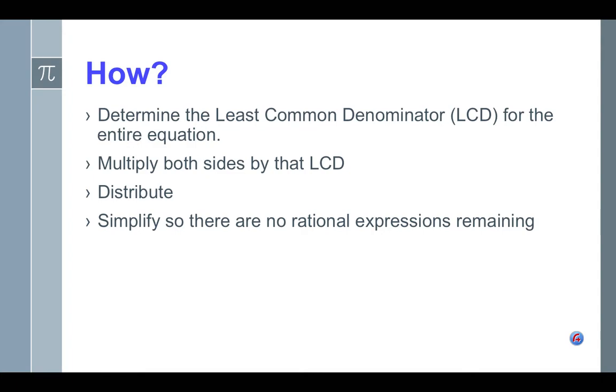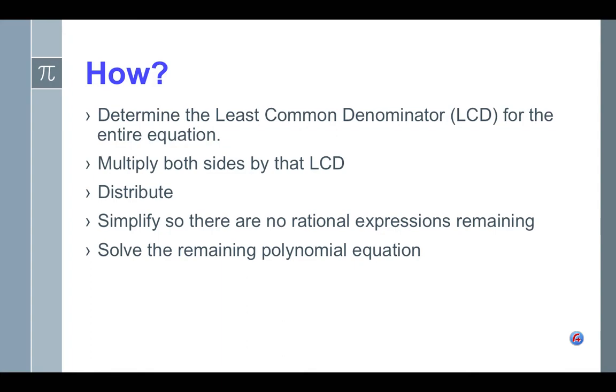Once you distribute, you'll be able to simplify your entire equation so that there are no rational expressions remaining. The point of this is that now that you've gotten rid of all of your fractions, you can solve the remaining polynomial equation.